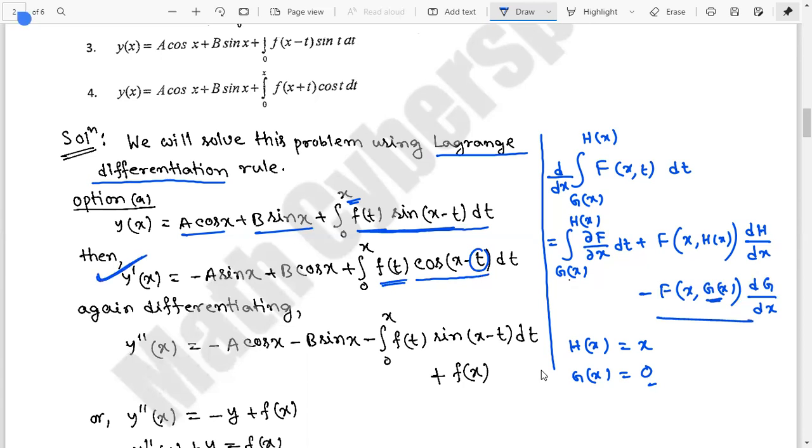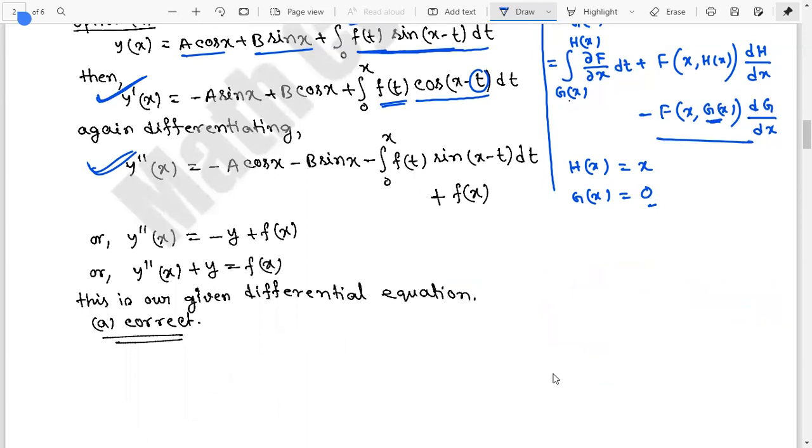Now again by the same method, if we differentiate, we will get the double derivative y''(x). From here, if you look at the right-hand side, you can see this portion: minus a cos x minus b sin x minus the integration from 0 to x of f(t) sin(x − t) dt, plus f(x).